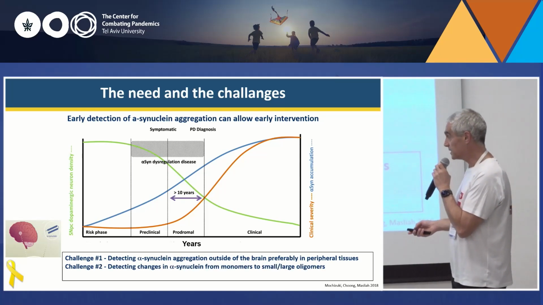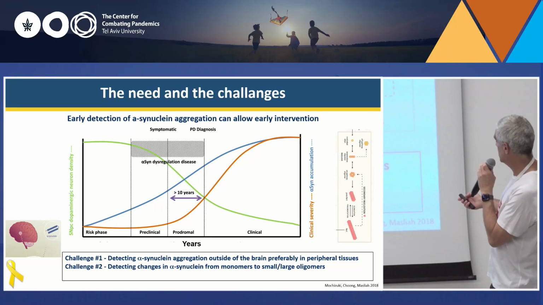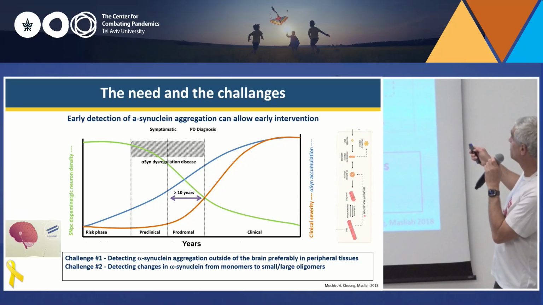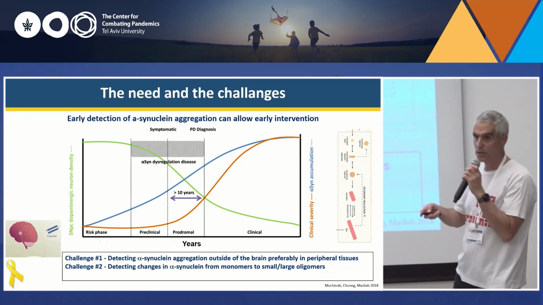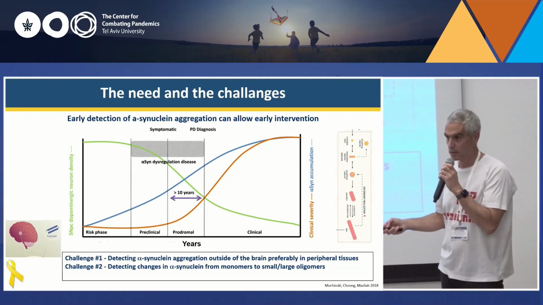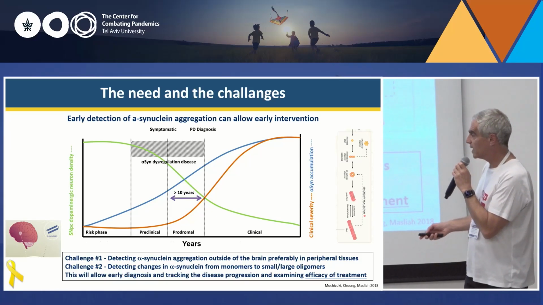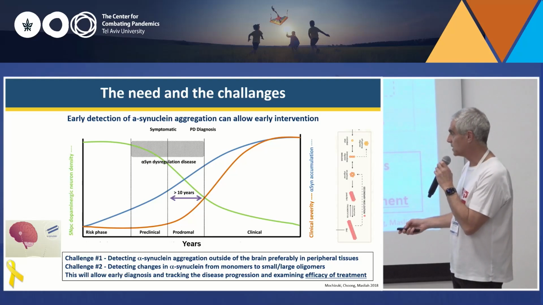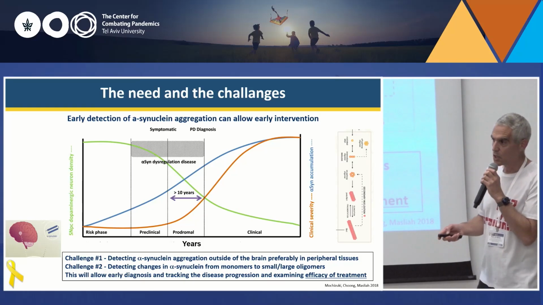The second is that we need to be able to track the transformation of the monomeric and tetrameric forms of alpha-synuclein to oligomers and fibrils and Lewy bodies. So when we have these two challenges met, we might be able to diagnose the disease early, to track the disease progression, and also examine the efficiency of treatment.